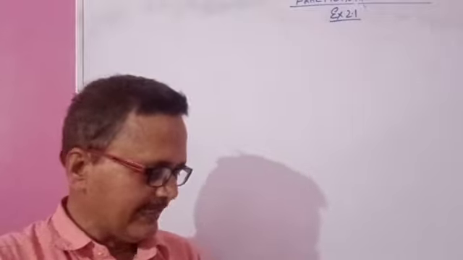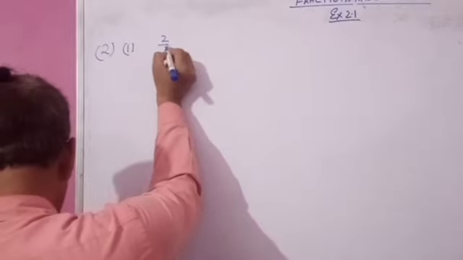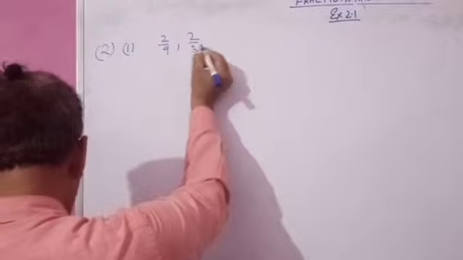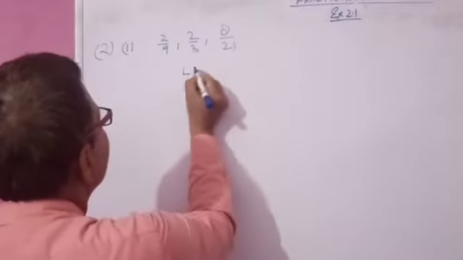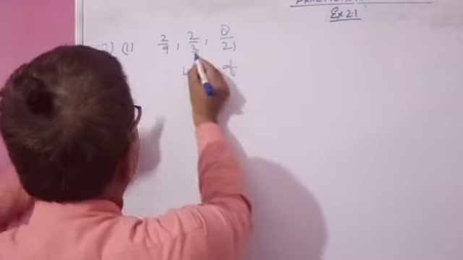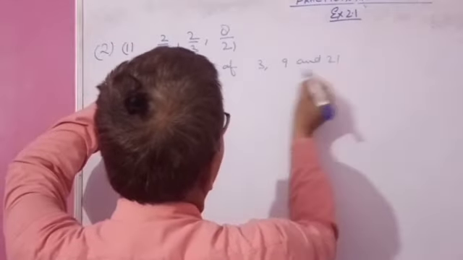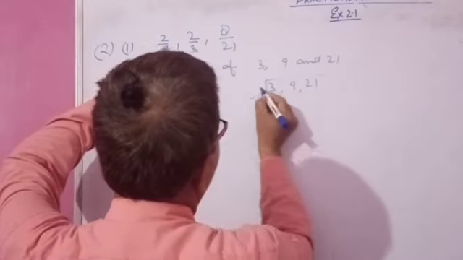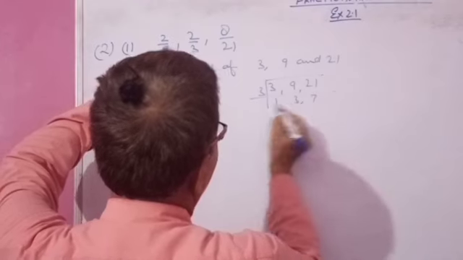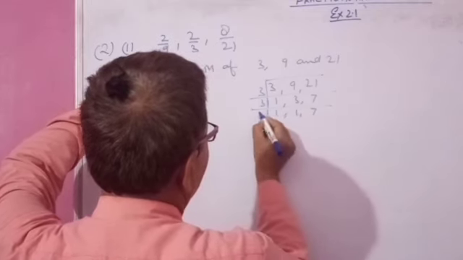Arrange the following in descending order. First part: 2 upon 9, 2 upon 3, 8 upon 21. Now you will find the LCM of 3, 9 and 21. 3 ones are 3, 3 threes are 9, 3 sevens are 21.